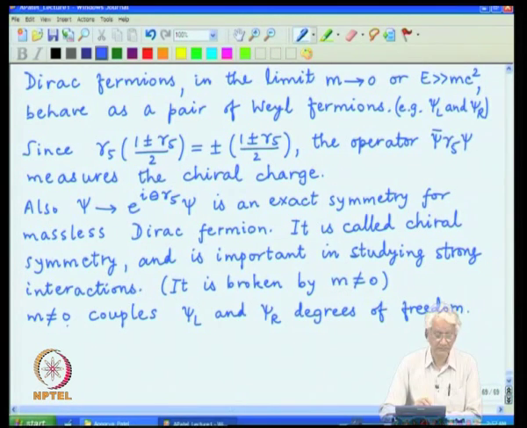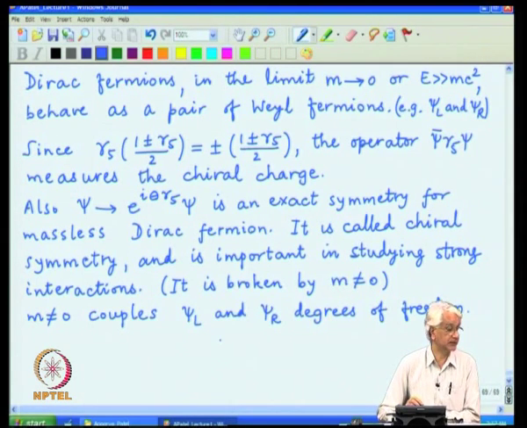So, a non-zero mass indeed ends up coupling the left and right components, and that is a way to understand the breaking of chiral symmetry, which is produced by a mass term. The mass term may be explicitly present in the Dirac equation, or it can be dynamically generated as in the case of strong interaction.